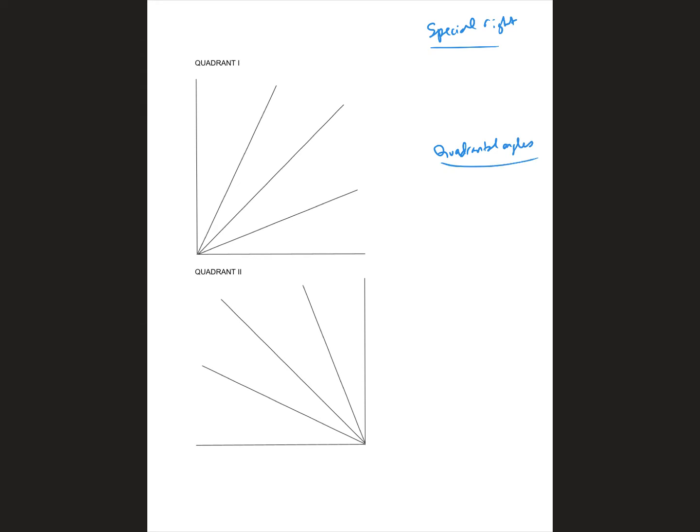If you think about the two types of special right triangles we have, 45-45-90 and 30-60-90, 30 degree, 45 degree, and 60 degree angles are reference angles that we could care about because those come from the special right triangles. And quadrantal angles are angles whose terminal side lands on either the x or the y-axis. So that could be a reference angle of 0 degrees if it lands on the x, or 90 degrees if it lands on the y.